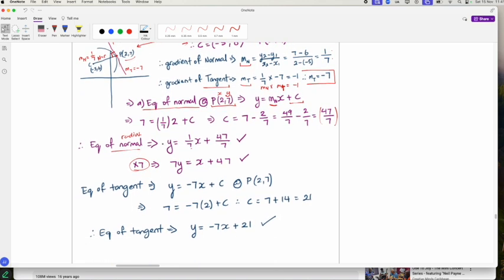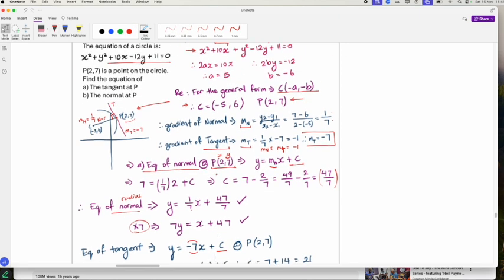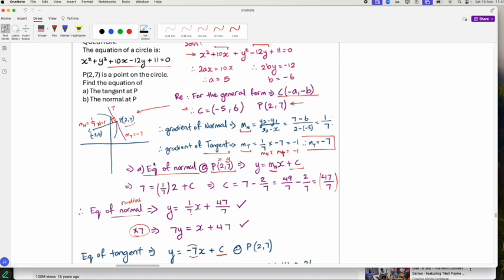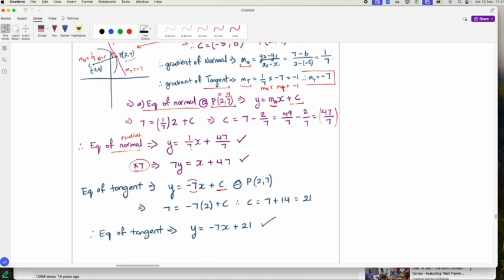And therefore, the equation of the tangent: well, I have -7 being the gradient of the tangent. So y = mx + c. And I could find c by using the same point P. I use the same point P here to find c.